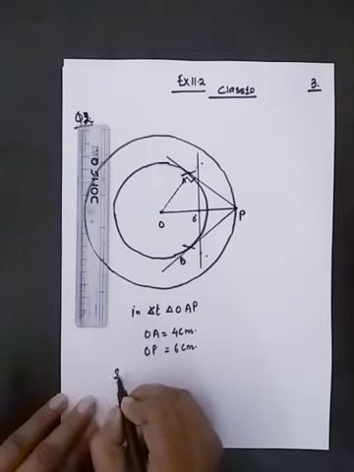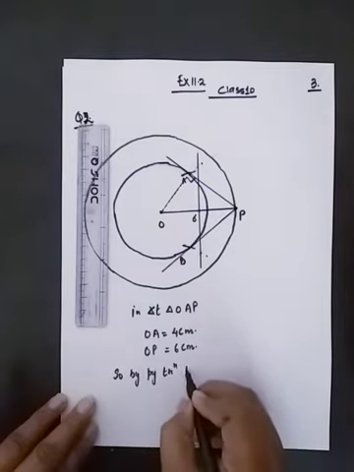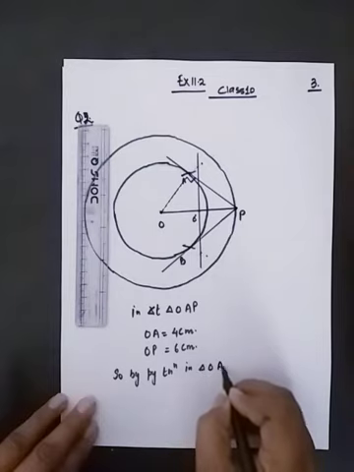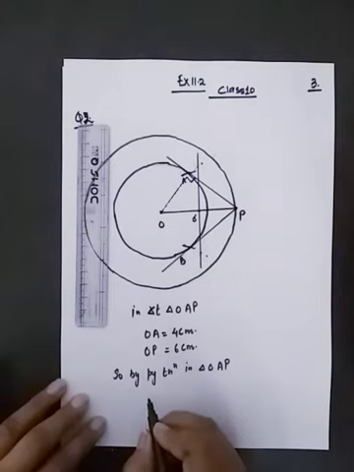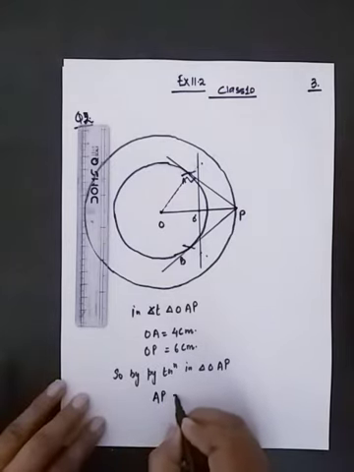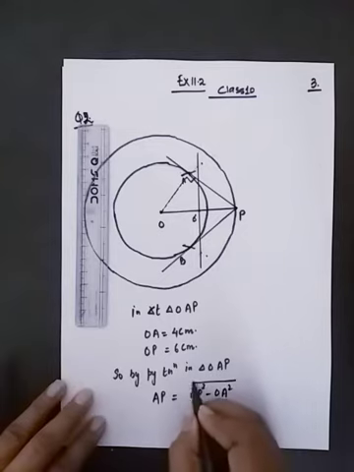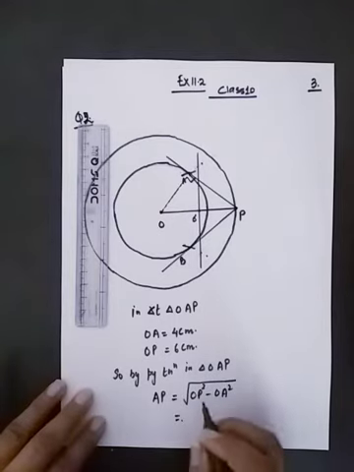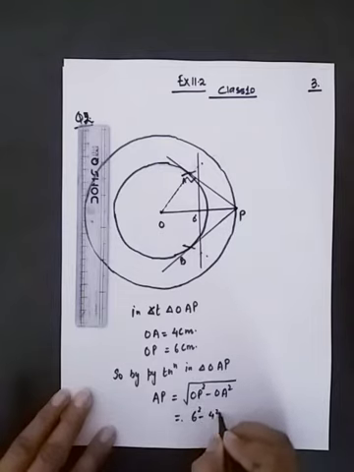So by Pythagoras theorem, in triangle OAP, we can find the length AP is equal to under root of OP square minus OA square. So it will be under root of 6 square minus 4 square.